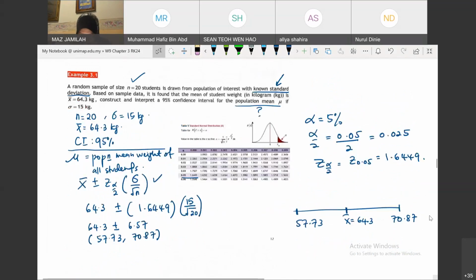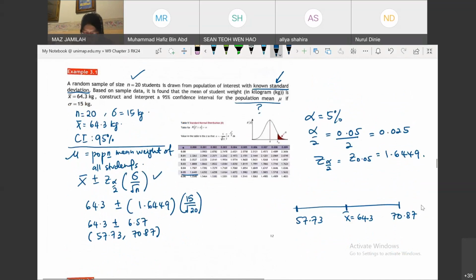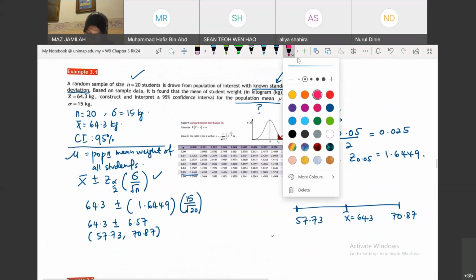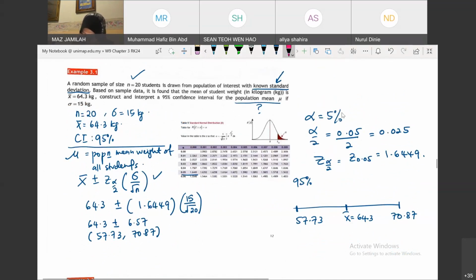We believe 95% that our mu will be within this interval. It could be here, here, or here. We don't know which one, but somehow we know that our population mean is between this particular interval.